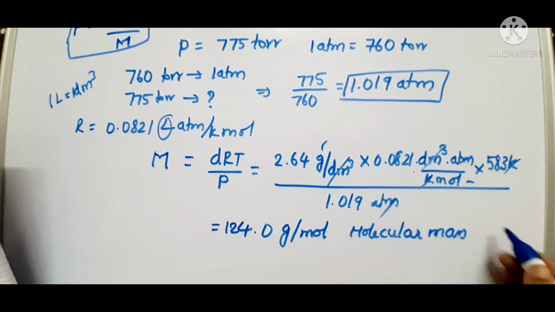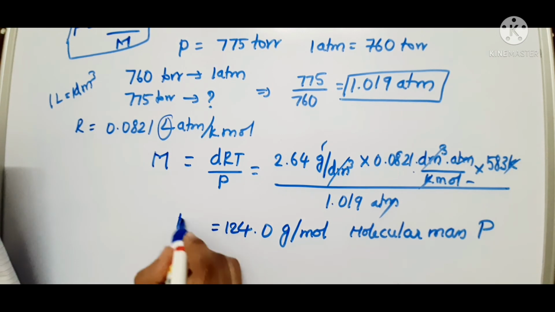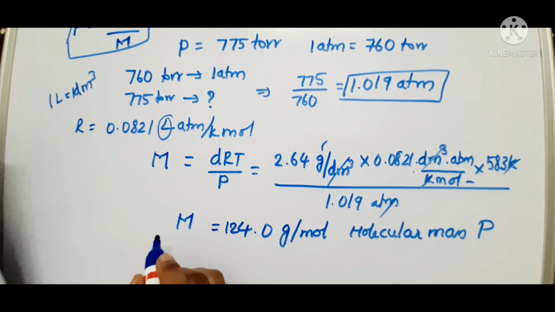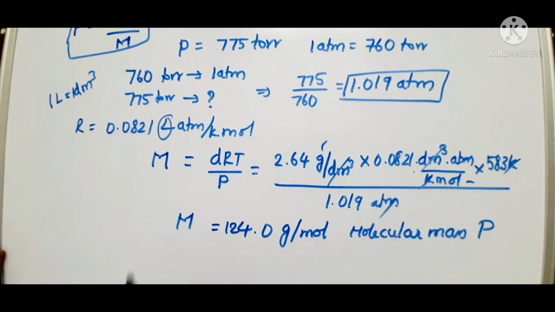of phosphorus, right? But what you have to calculate here is the number of atoms in the molecular formula of phosphorus. So once you know the molecular mass, what is the atomic mass of phosphorus? Atomic mass of phosphorus is 31.0 gram per mole.